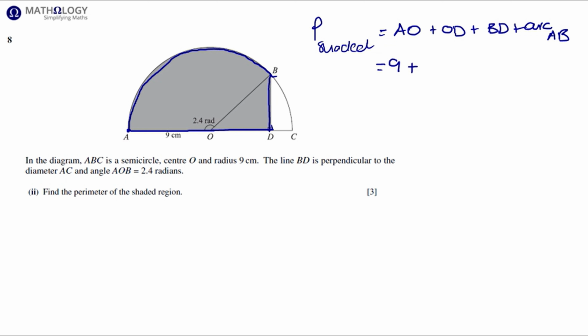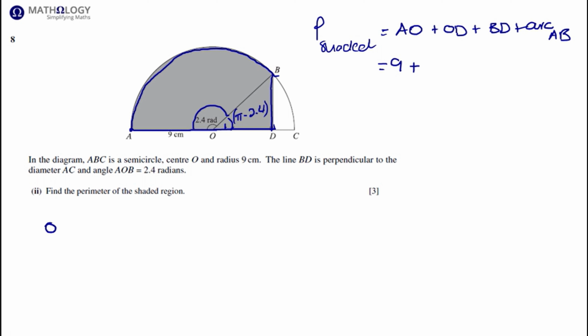OD, we can determine OD because we know that this angle O1 is pi minus 2.4 radians. We can again use a trigonometric ratio to determine OD. So OD over OB equals, OD is the adjacent side in triangle OBD relative to angle O1.